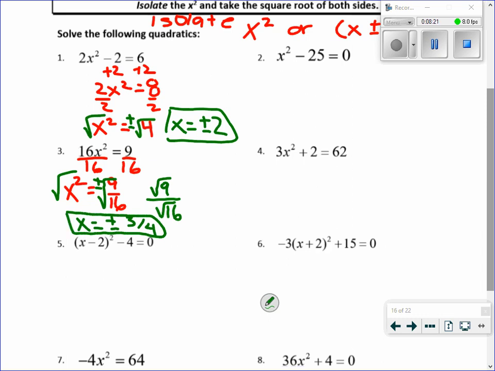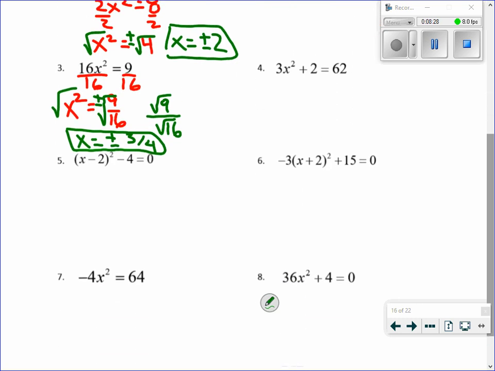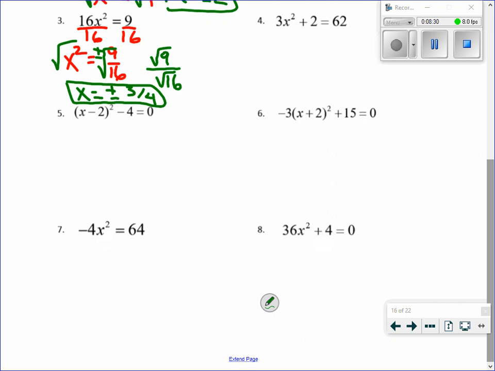All right, so let's check out question 5. I have that binomial squared that I want to get by itself. So what am I doing first to make that happen? What would we do first? Yeah, add 4. So I would have x minus 2 all squared equals 4.